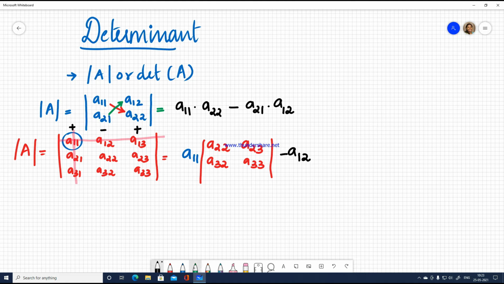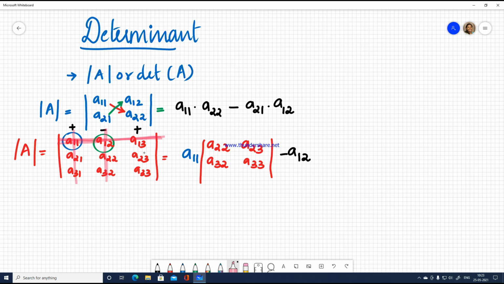Now I have to consider this element; green is the element that I have to consider. What I need to do is delete the column containing A12 and delete the row containing A12.